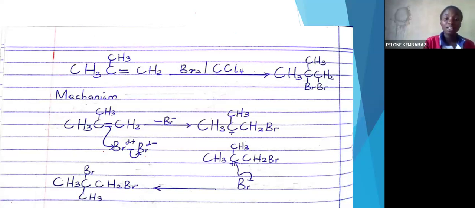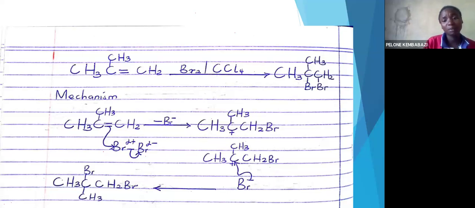Then in case one day they don't give you the reagents, they can say describe the reaction of bromine with 2-methylpropene, and then they stop there and say outline a mechanism. In that case, you specify which condition you are outlining that mechanism in.